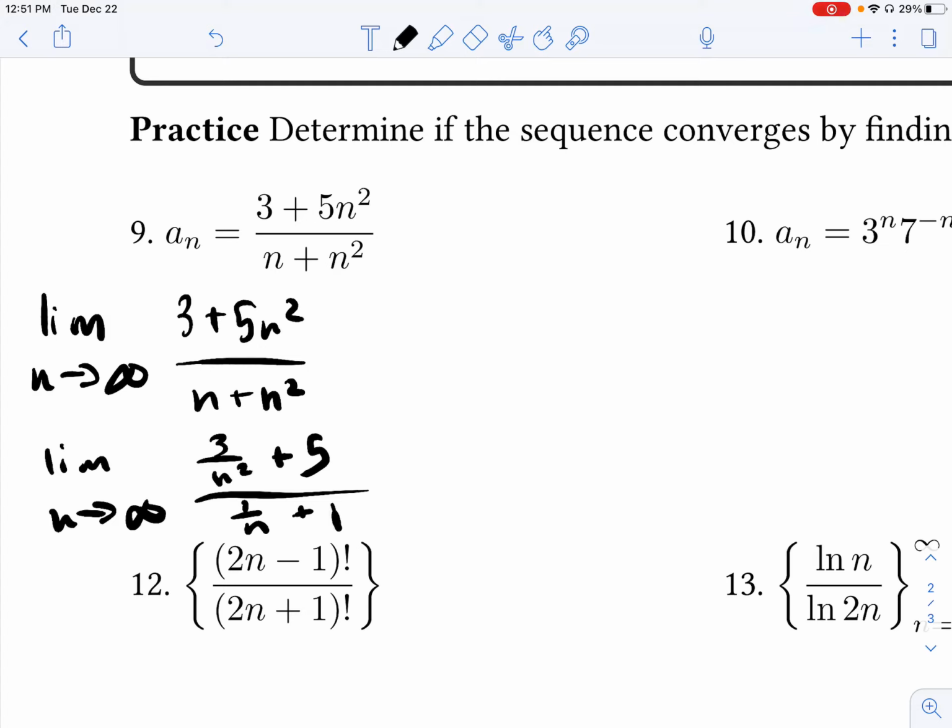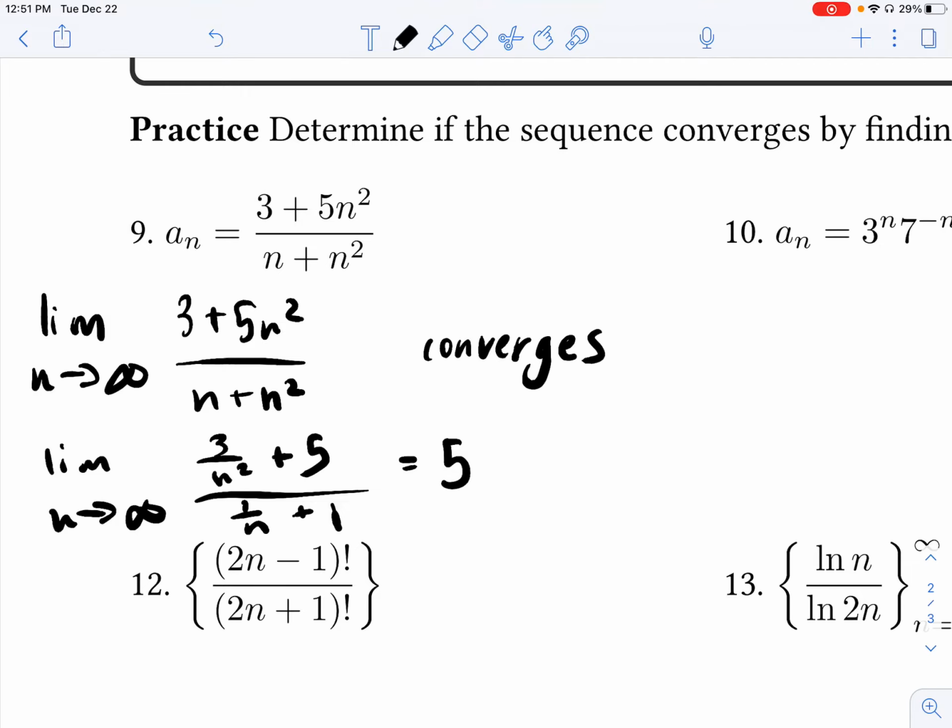And what do we just get here? The limit of this as n approaches infinity is just going to be equal to 5. So this particular sequence converges. As n gets larger and larger, these terms are going to get closer and closer to being 5. We say that it converges to 5.